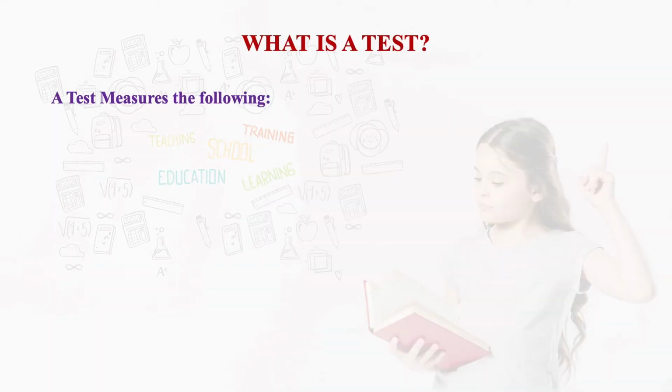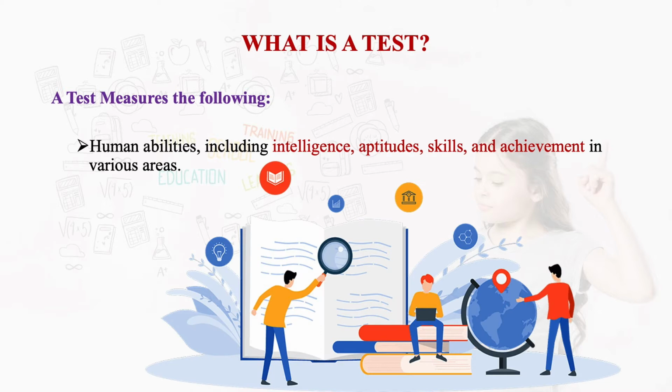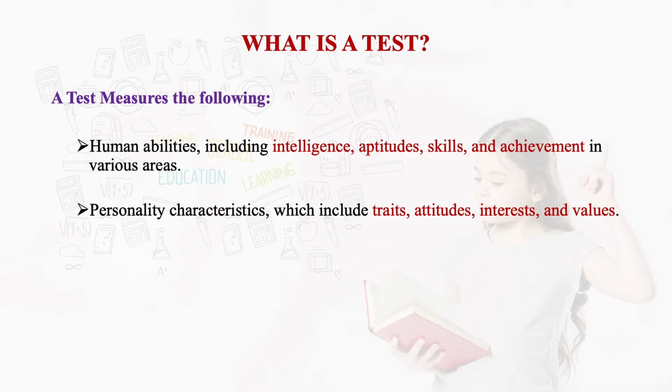To understand more about what is a test, we can say that a test measures the following. What are the different abilities a test measures? First of all, human abilities, that includes intelligence, aptitude, skills and achievement in various areas. Further, personality characteristics, which include different traits, attitudes, interests and values.